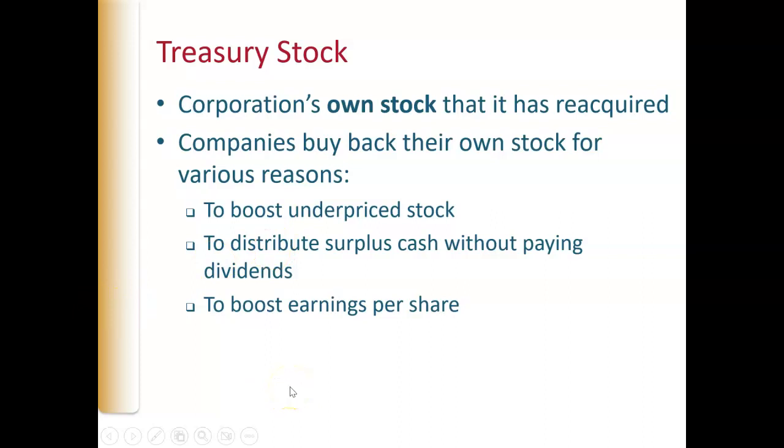And if you think about it, by buying back their own stock, they don't give themselves dividends. Since they're not outstanding stock there, it will increase the value of the earnings per share. Because there's less stock outstanding, therefore, the earnings per share is going to increase.